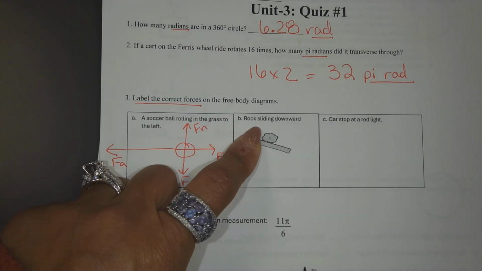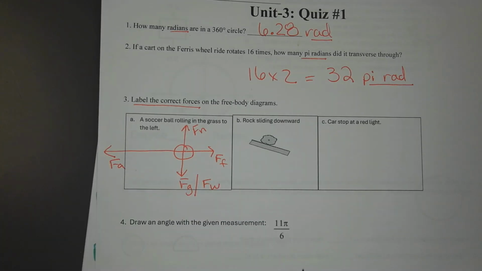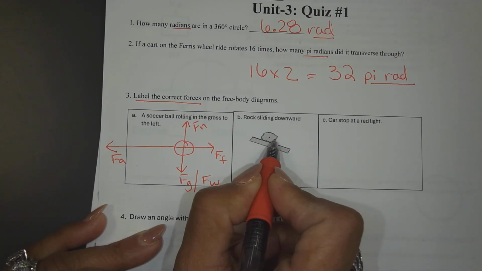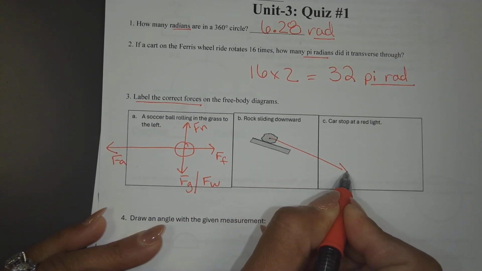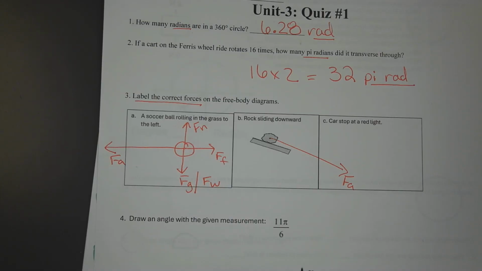This one tells me that this rock is sliding downward. Now, I can see that it's at an angle, or it's on some type of surface. I don't know if it's a mountain or a sidewalk, but it's at an angle. And since it's sliding downwards, the biggest arrow should be FA. Again, I do not know if it's because somebody kicked it or if the wind blew it down.